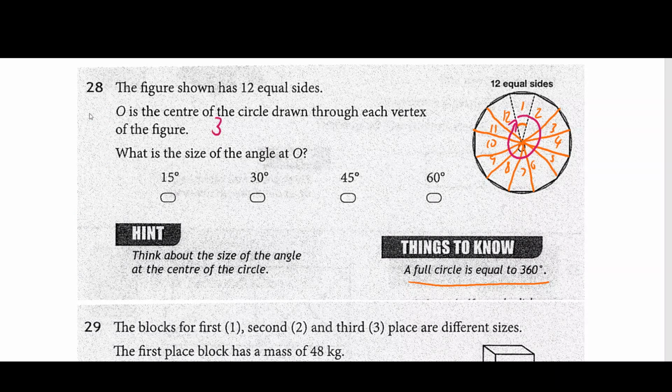The angle there is 360 degrees. So we're going to go on our calculator, 360 divided by 12, because there's 12 equal slices. 360 divided by 12 is 30. So the size of angle at O, that's 30.